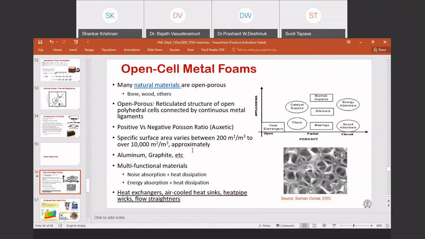One of the real advantages of these materials is that they have very high specific surface area. Essentially, surface area per unit volume is very high for these materials because now they can take any of the complex pore shape. And so they have been studied for heat pipes, heat exchangers, flow straighteners, heat sinks, and so on. And we will look into that aspect in this presentation.